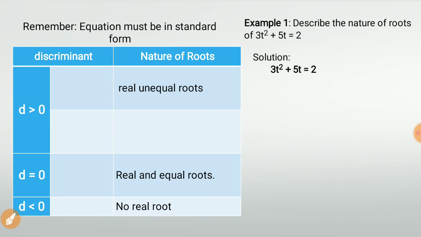So this is your question, 3t square plus 5t equals 2. Now I am going to write this equation in proper standard form. According to our standard form, there is no term on the right hand side. All three terms of the quadratic equation should be placed on the left hand side, and the right hand side will be 0.